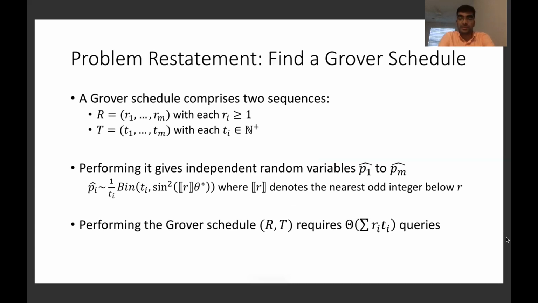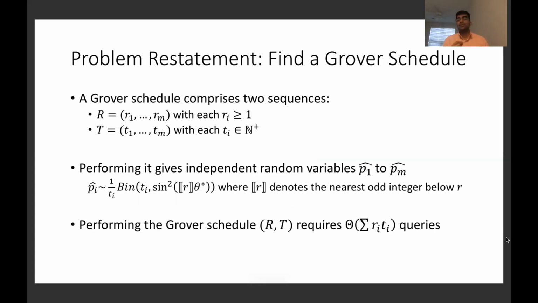So let's restate the problem slightly in terms of a Grover schedule that we will now define. A Grover schedule comprises two sequences, a sequence R and a sequence T. The ith value of each sequence corresponds to some ith set of coins.